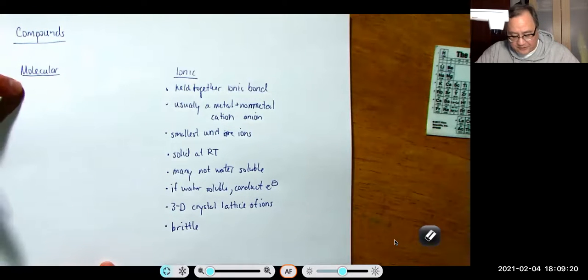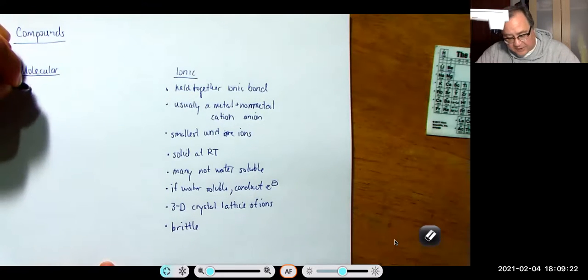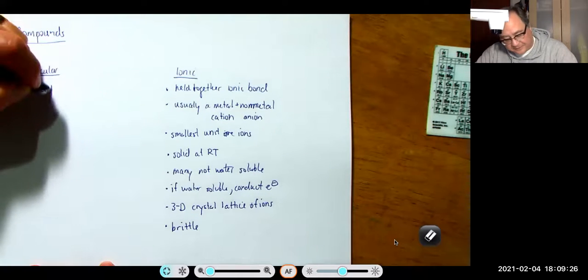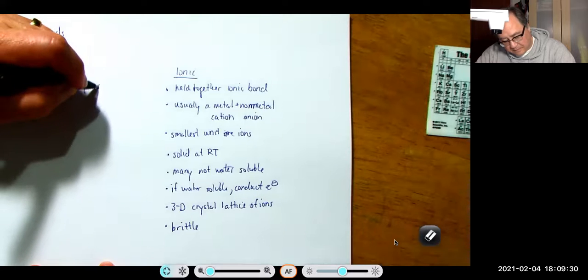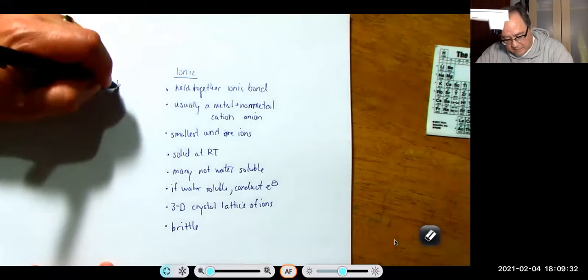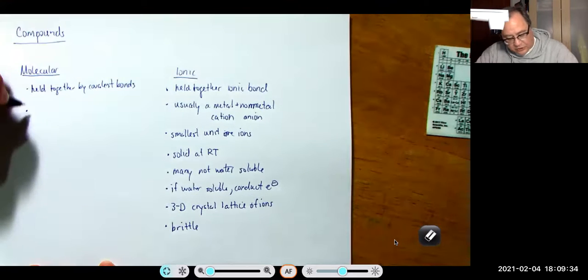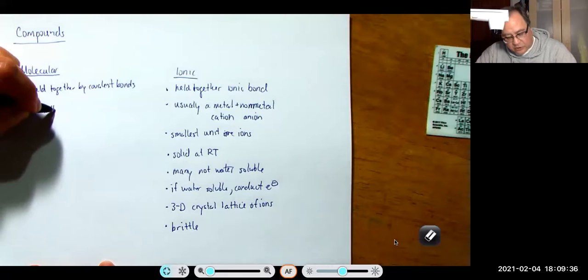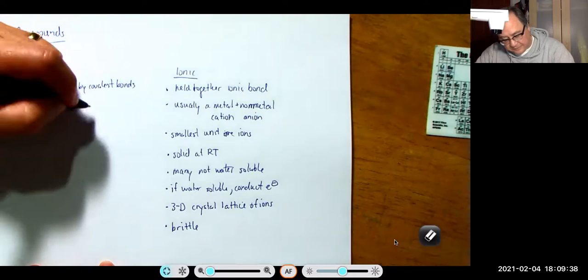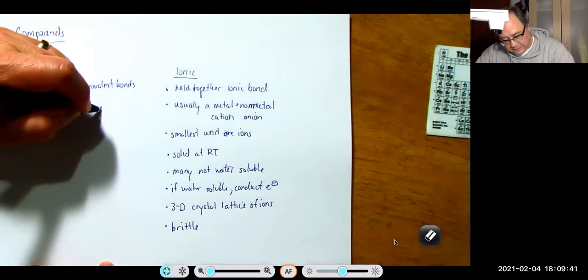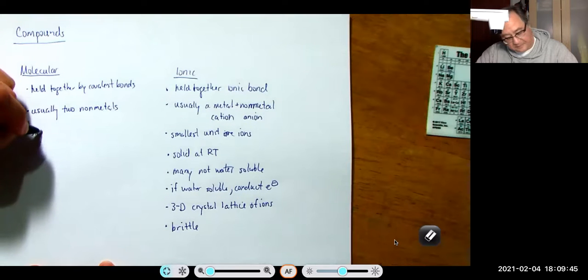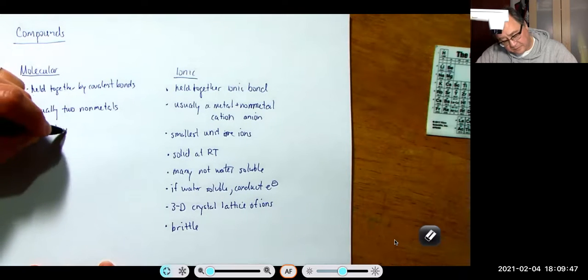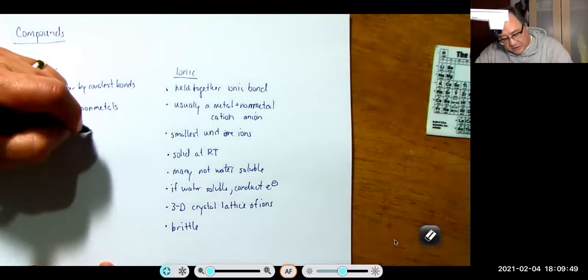Molecular compounds, the atoms are held together by covalent bonds. And it's usually two nonmetals. And the smallest unit is the molecule.